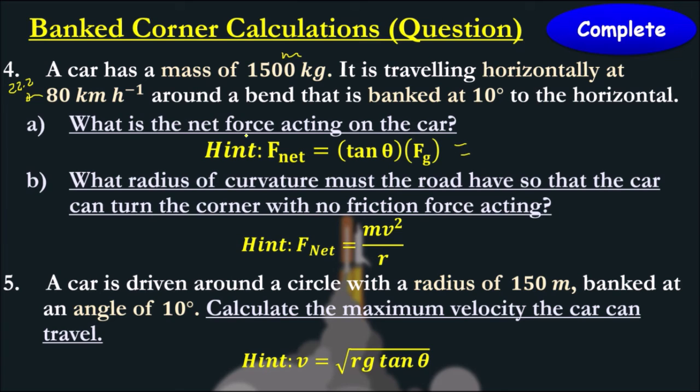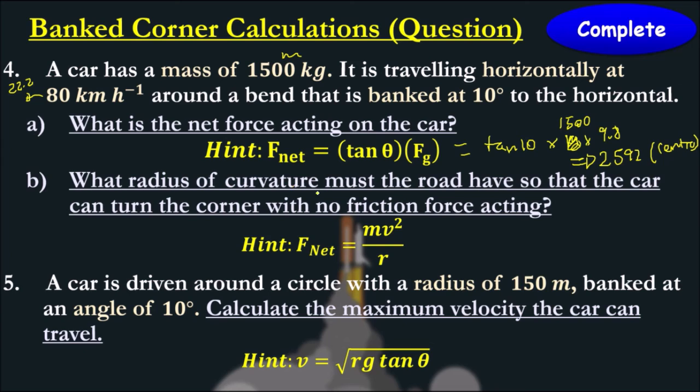So what is the net force acting on our car? So we have tan 10 times mass times acceleration due to gravity. So 1,500 times 9.8, and we get a value of 2,592 newtons towards the center, don't forget.